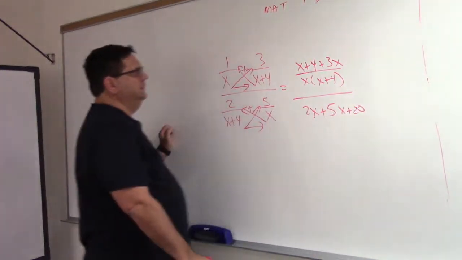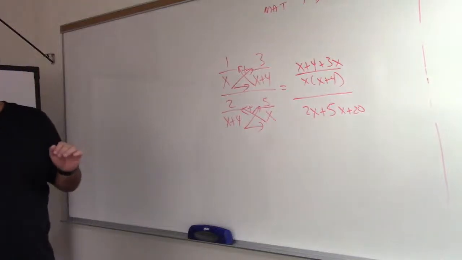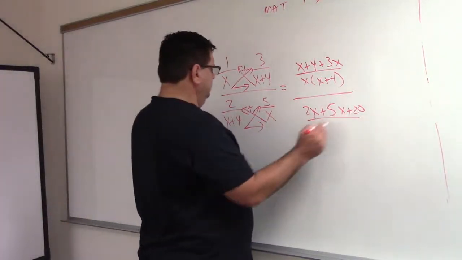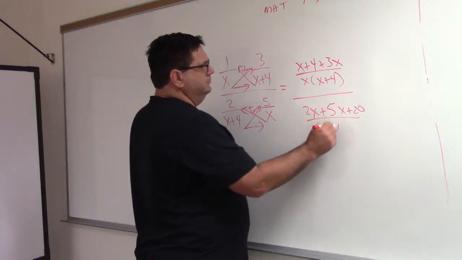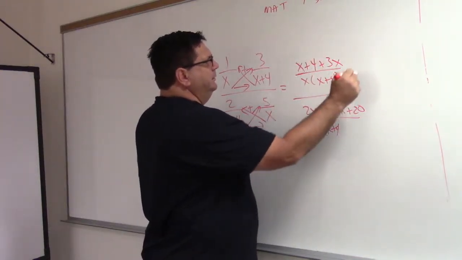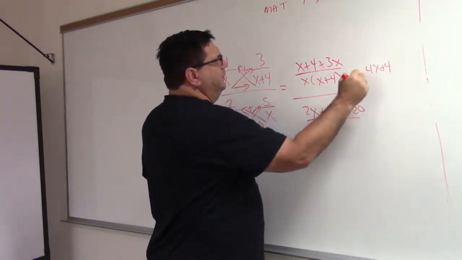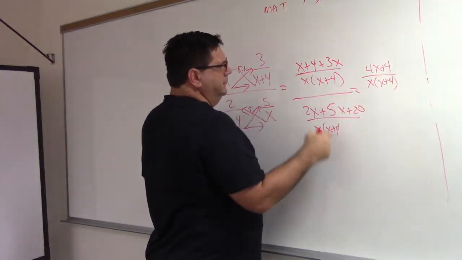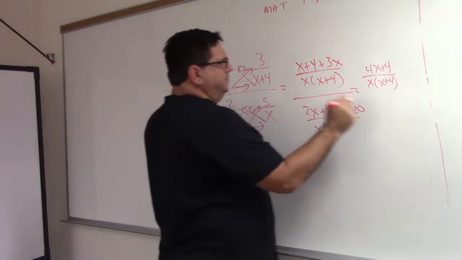Do you agree? Yeah? Yeah. Do you agree? Now, from there, simplify. 4x plus 4. 7x plus 20.